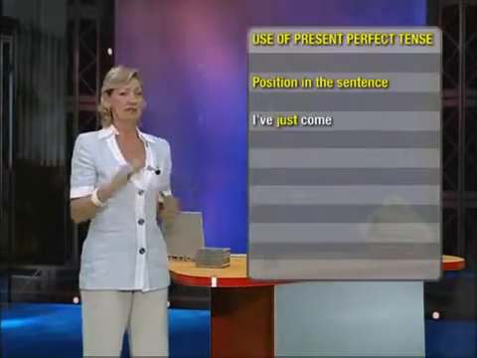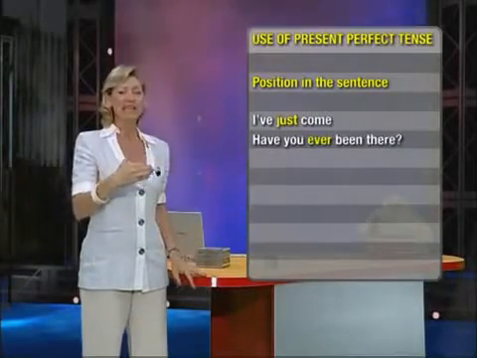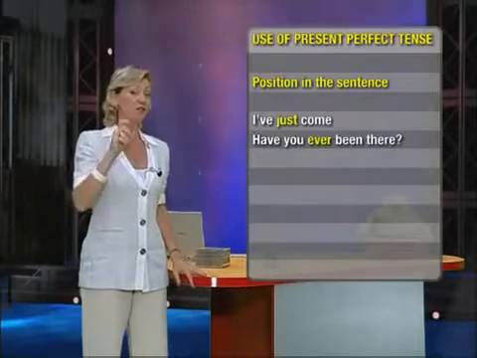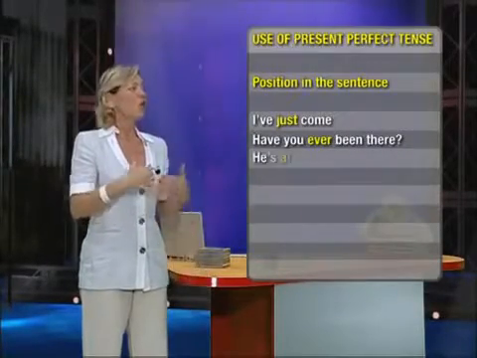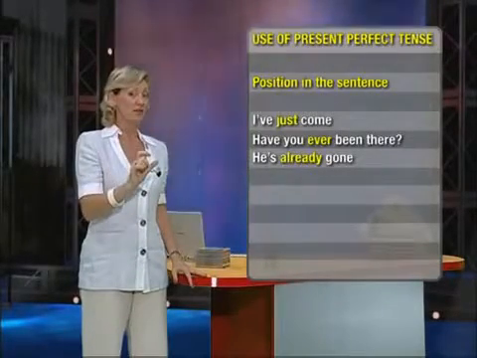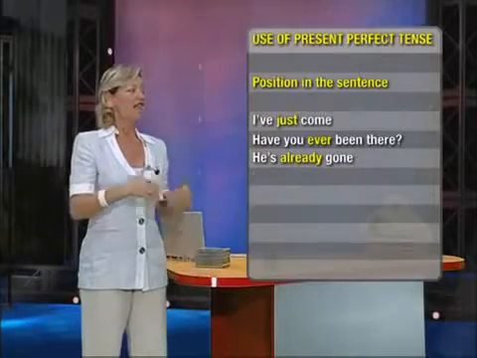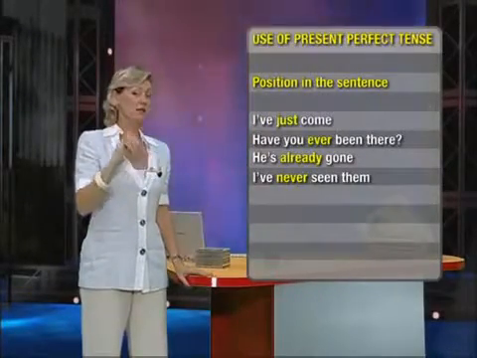I've just come. Second example, have you ever been there? Ever is before the past participle. Great. He's already gone. It's before the past participle. And I've never seen them, before the past participle seen.